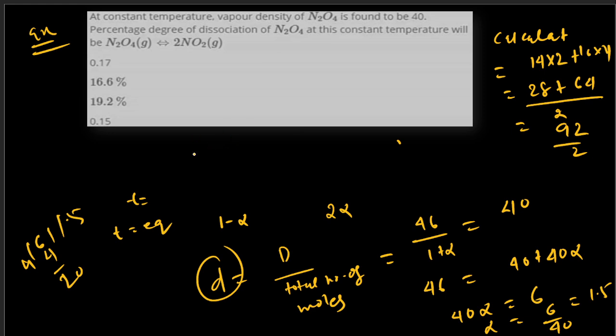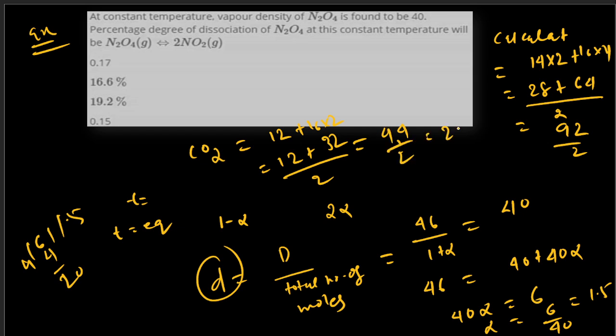real density. Suppose CO2, what is the real density? That is molar mass divided by 2. The molar mass is 12 plus 16 into 2, that is 12 plus 32, that is 44, divided by 2, that is 22.